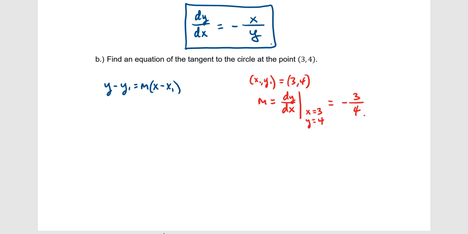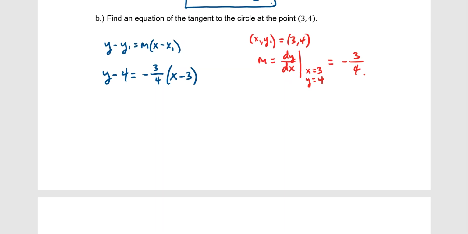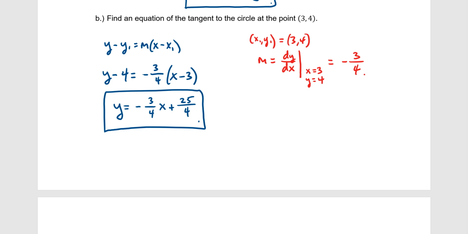So we have our point, we have our slope. Let's go ahead and plug in. That's going to be y minus 4 equals negative 3/4 times x minus 3. And maybe let's just go ahead and solve this for y just so it looks a little nicer. And if you solve that for y, you should end up getting y equals negative 3/4 x plus 25/4.